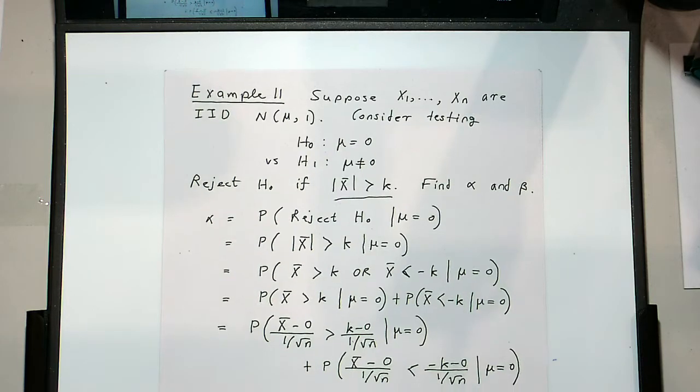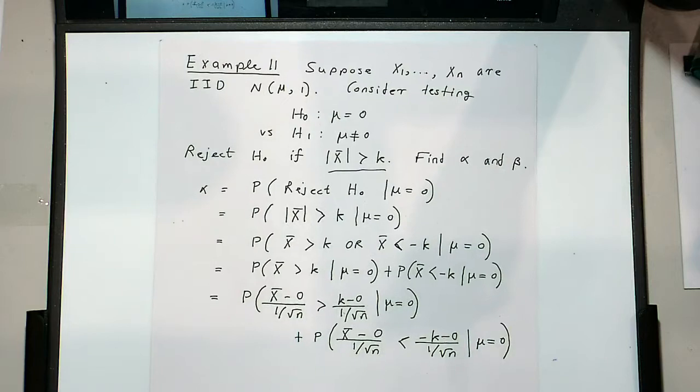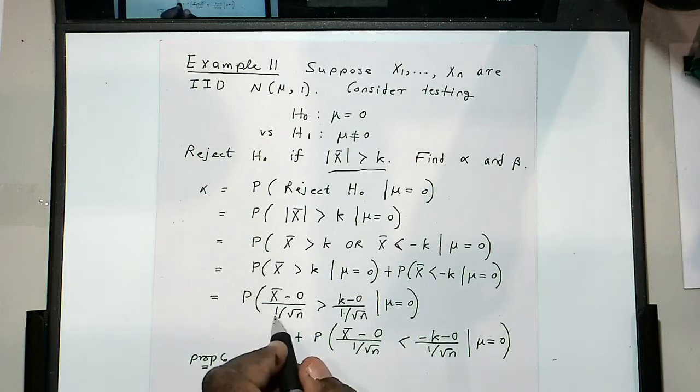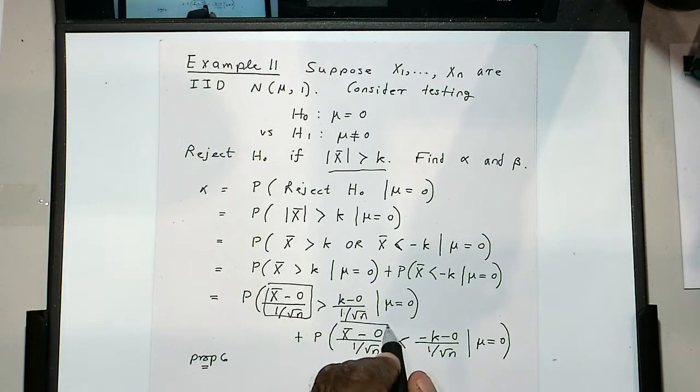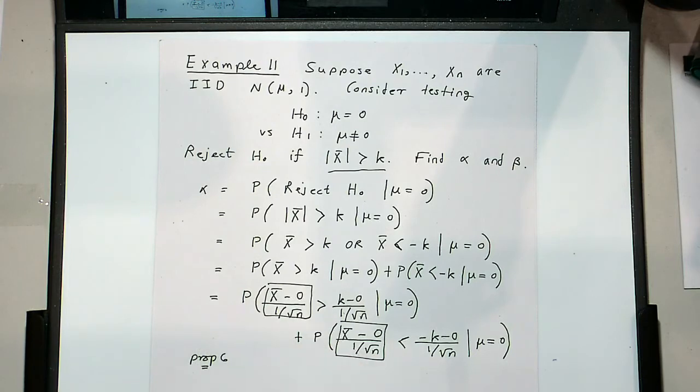Okay. Now, because of property number 6 of the normal distribution, these two guys should have standard normal distributions, right?